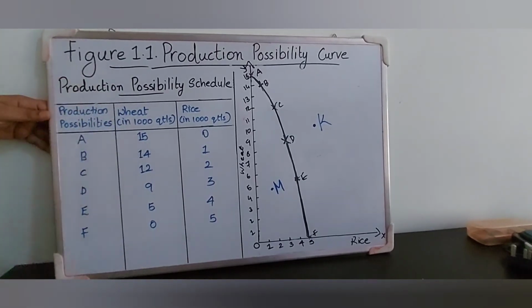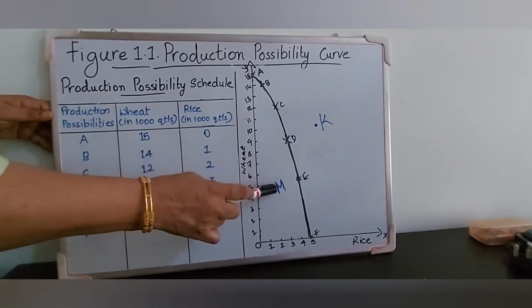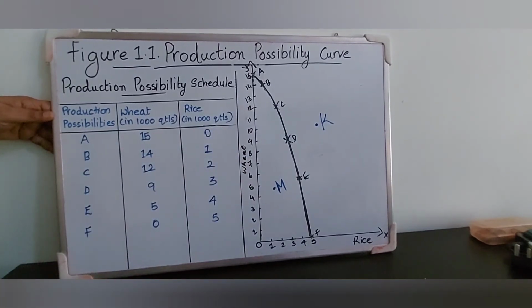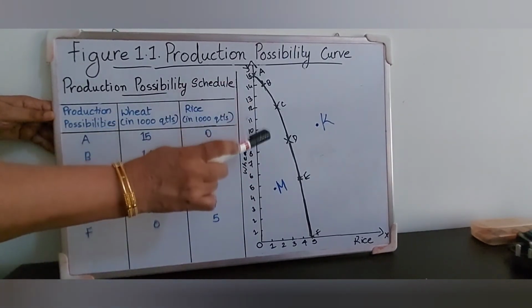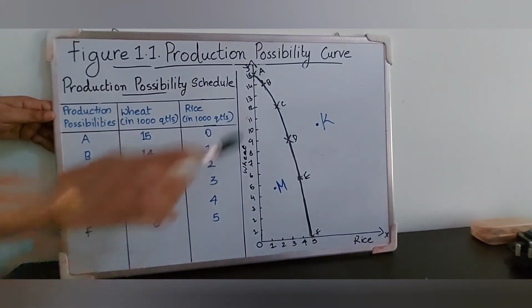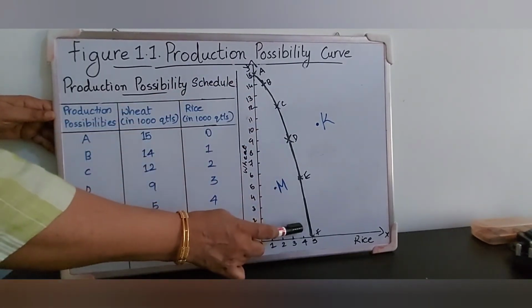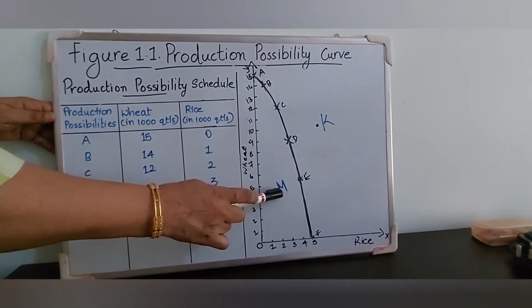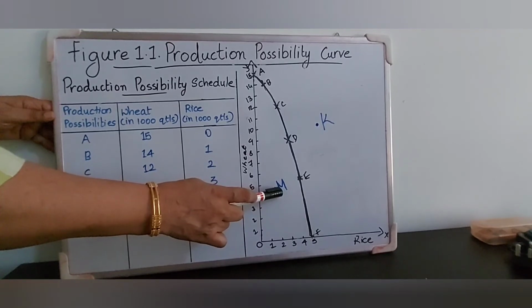There may be unemployment in the economy. If labor is not utilized, that means inefficient utilization of a resource. So we won't get a combination on the PPC. This point indicates inefficient utilization of the given resources.